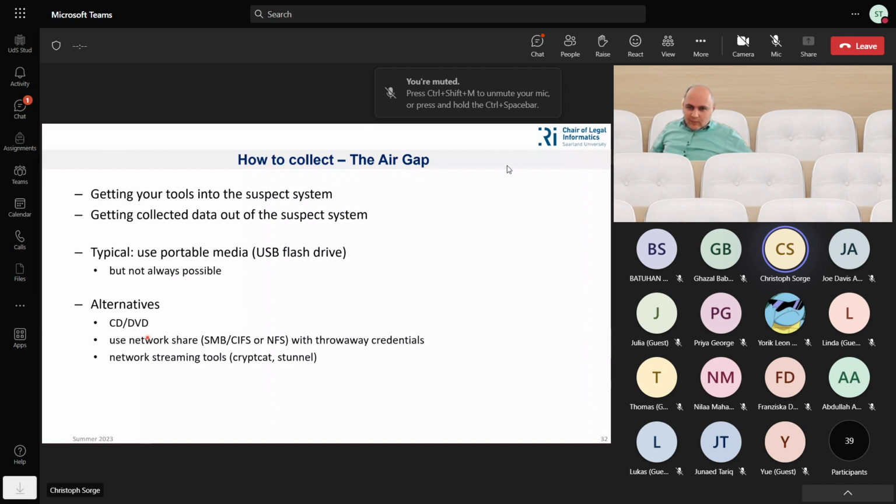You can use a network share or cloud storage in the end, depending on the type of share. You could have different protocols to access these network shares, and the credentials for those should be one-time use only or should be changed afterwards. Or you might use streaming tools to stream over the network, but the effect is basically the same. And in both cases, you take care of the credentials.